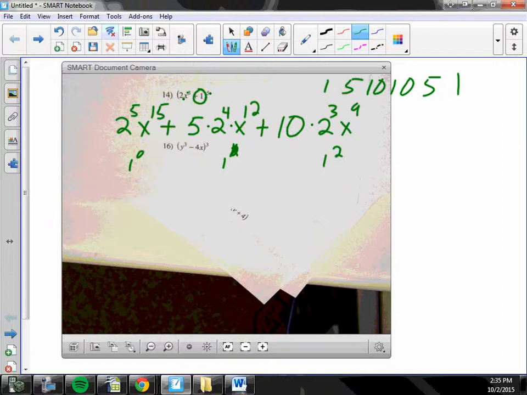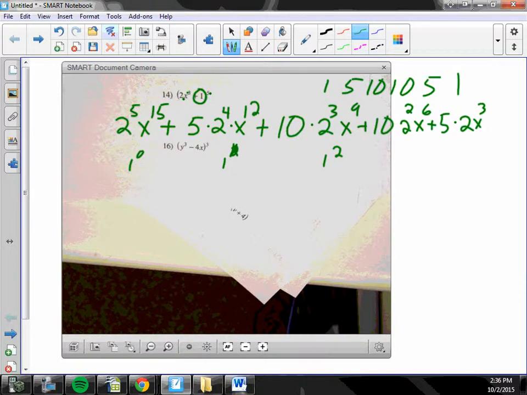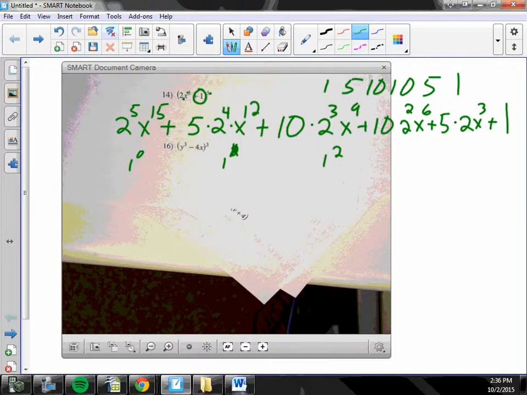So we don't need to worry about the 1's in this case, because they're all just 1. So bring down the other 10, 2 to the second, x to the 6th, times 1. Bring down the 5, 5 times 2 to the first, x to the third, times 1, plus 1 times 1 to the fifth, which is 1. And then you can just multiply those out to get the coefficients.